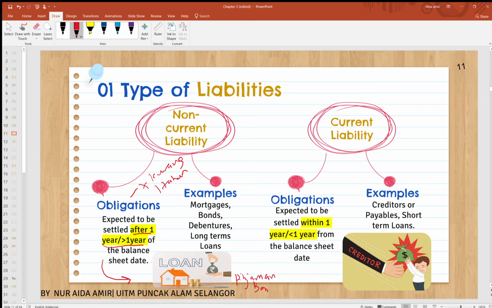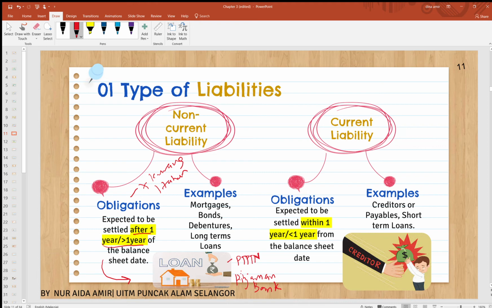Pinjaman bank ni mestilah you nak guna dalam jangka masa yang panjang. For example lah, yang paling you nampak, non-current liabilities is the PTPTN. PTPTN is one of your non-current liabilities. Kenapa I kata PTPTN is one of your non-current liabilities?